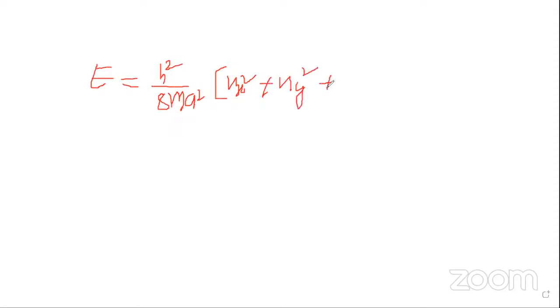You have to write the energy: E is equal to h square by 8ma square times (Nx square plus Ny square plus Nz square).